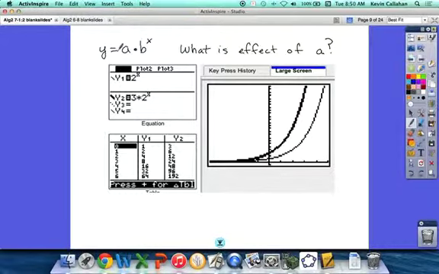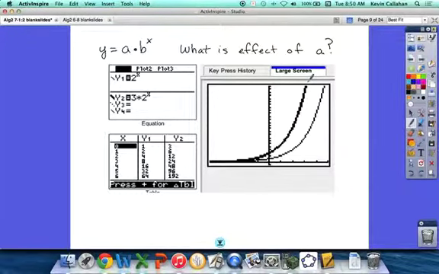In this case, I'm graphing 2 to the x and 3 times 2 to the x. The fat line is 3 times 2 to the x. What does it look like it did by multiplying by a constant? It made the graph go up faster, right? So that is a vertical stretch.